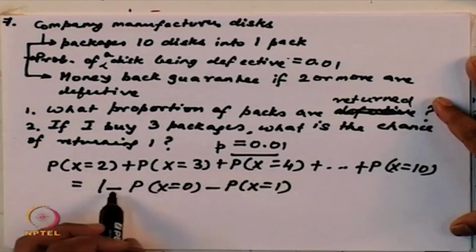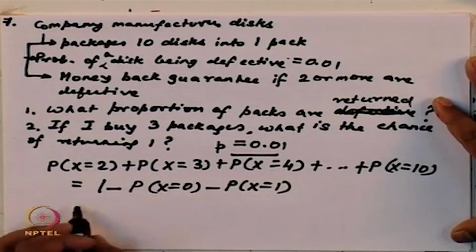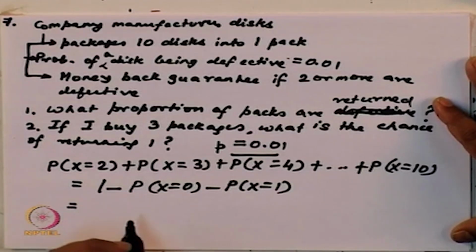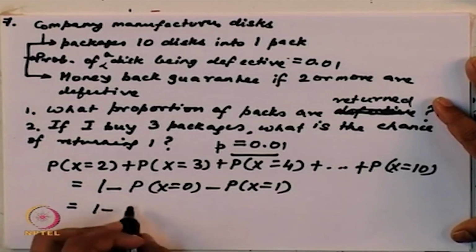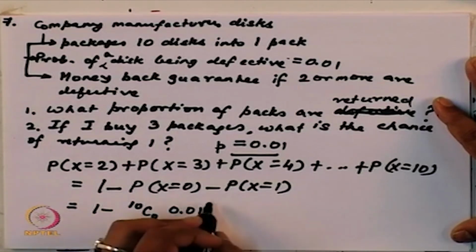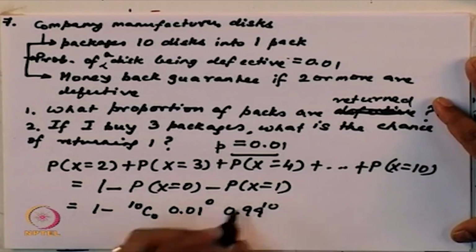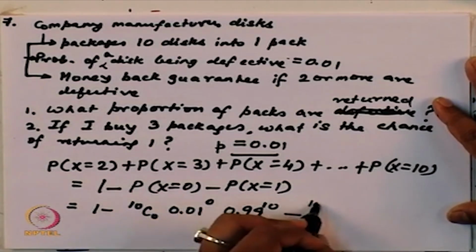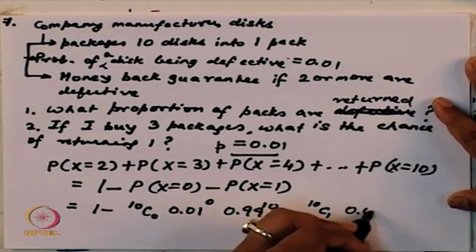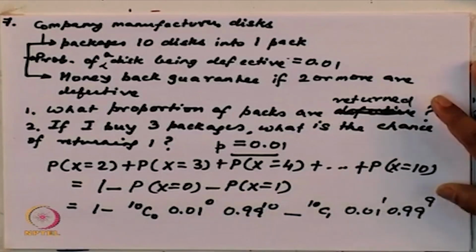So, this is nothing but 1 minus probability of x equal to 0 minus probability of x equal to 1, okay. So, I can write this as 1 minus 10 C 0, 0.01 to the power 0, 0.99 to the power 10, minus 10 C 1 into 0.01 to the power 1, 0.99 to the power 9. Okay.